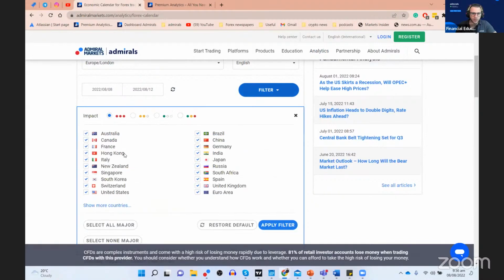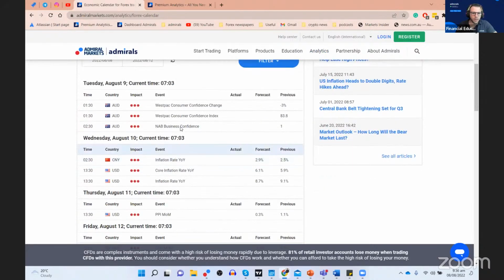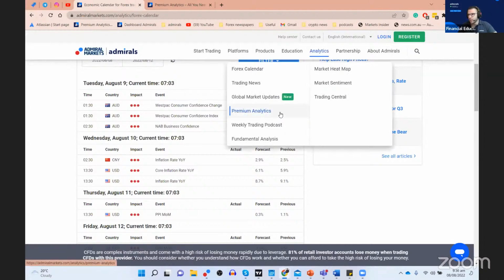From the filter area, I always keep the 3 red lines, the most important news. But if you are trading on an intraday basis and on the short time frames, like 5 minutes, 15 minutes, 30 minutes charts, it's a must to know the time of all the events coming out so you don't get caught in any volatile or sudden movement.